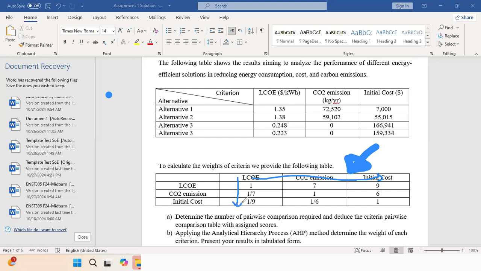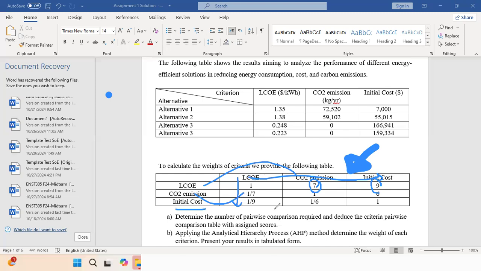Whenever I compare LCOE to CO2 emission, I can deduce directly the comparison of CO2 emission to LCOE. So if here the score is 7, here it will be 1/7. If the score here is 9 between LCOE and initial cost, then when I compare initial cost to LCOE, the score will be 1/9.